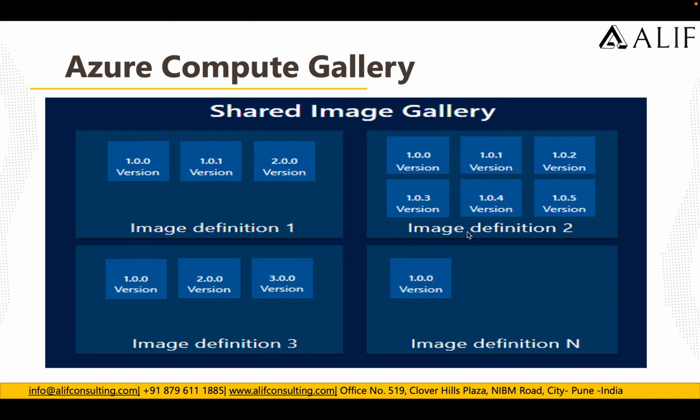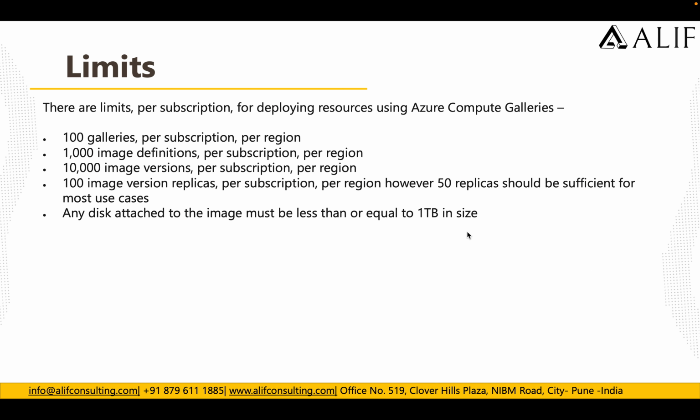This is how your Azure Compute Gallery looks. You have one shared Azure Compute Gallery, then you can have your image definitions. In the image definition, you can have multiple versions created, right? You can create multiple definitions in Azure Compute Gallery, and in those multiple definitions, you can create multiple version controls for your images.